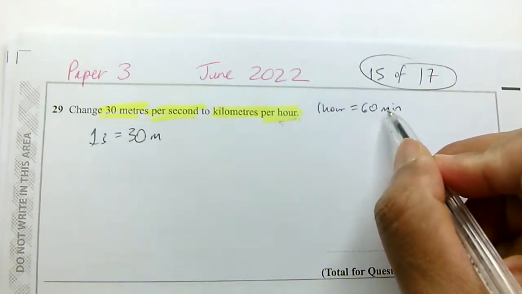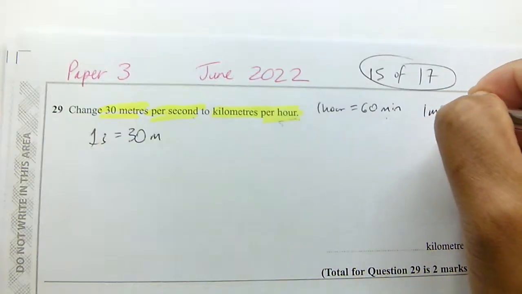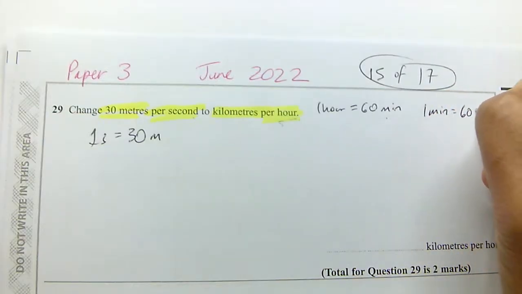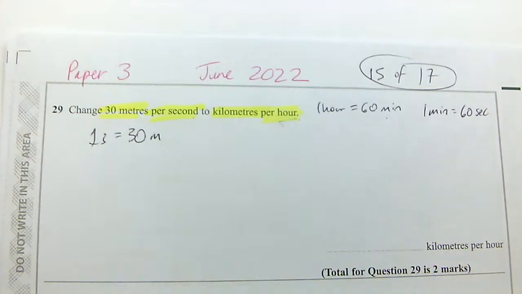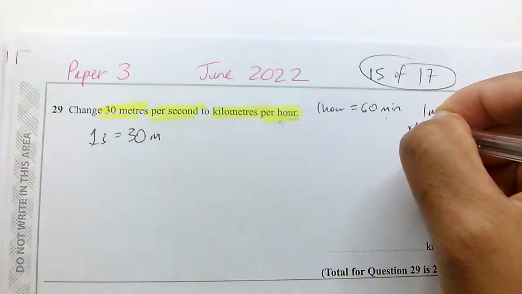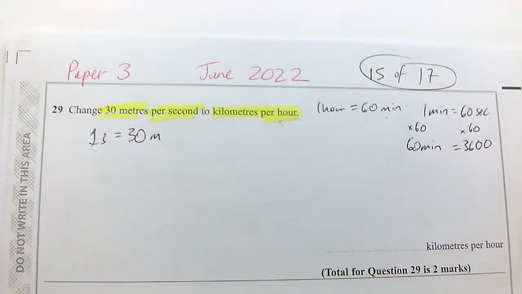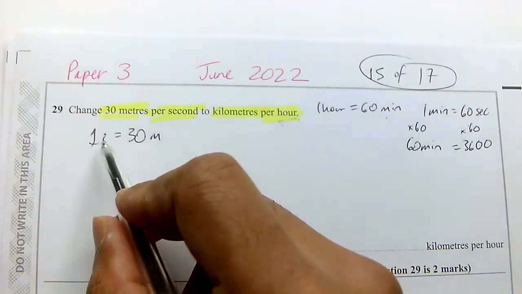How many seconds make a minute? 1 minute equals 60 seconds. So 60 minutes, we are timesing by 60, which equals 6 times 6 is 3600. I don't know why I'm doing this like a non-calculator paper. Just use a calculator.